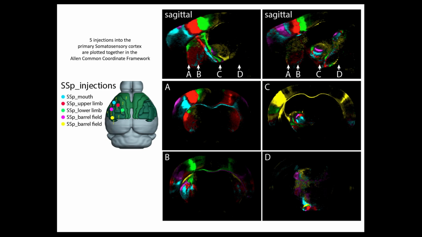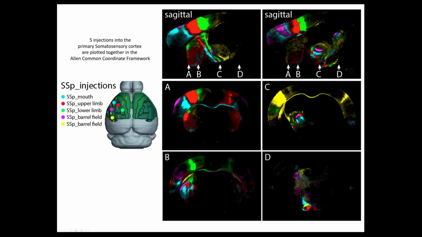So the advantage of this is that it allows for taking different data from different animals and quantifying and looking at relationships very easily in a quantitative manner. In this case, I want to show that these are injections from 5 different brains into different parts of the somatosensory cortex, into the mouth area, the upper limb area, the lower limb area, and 2 parts of the barrel field.